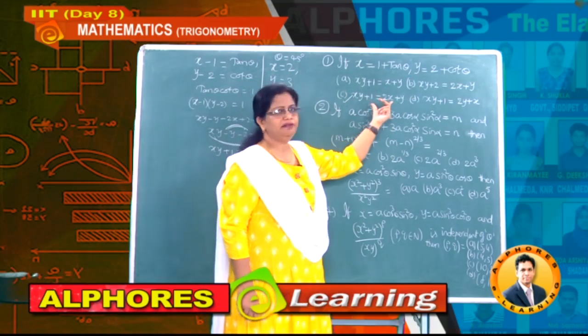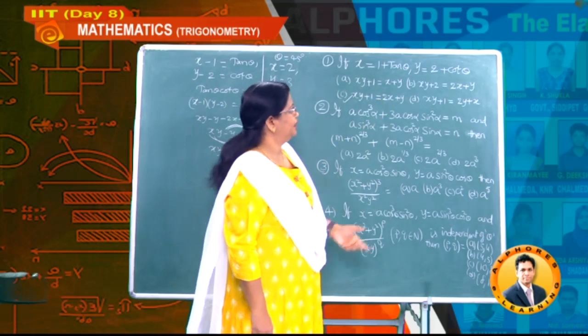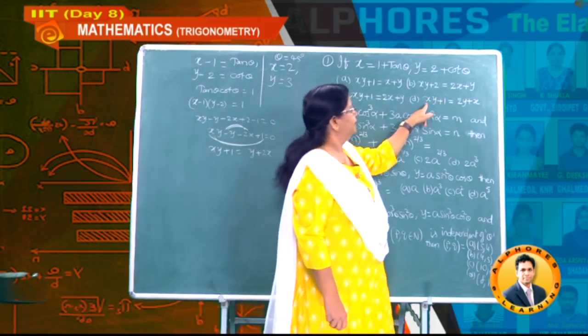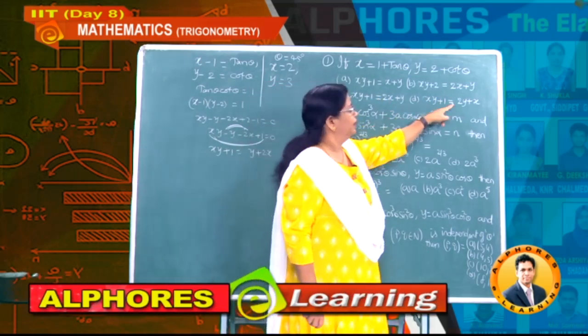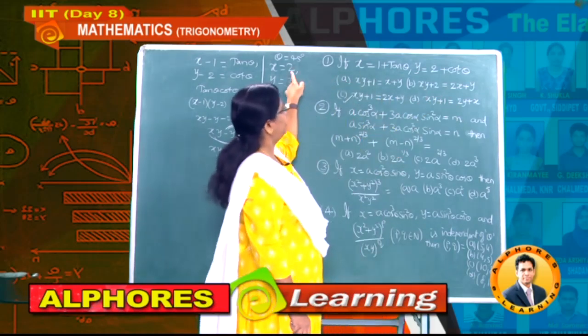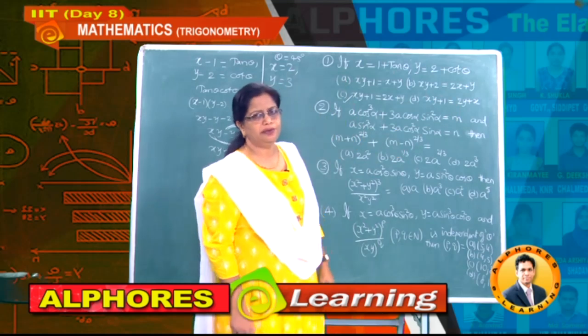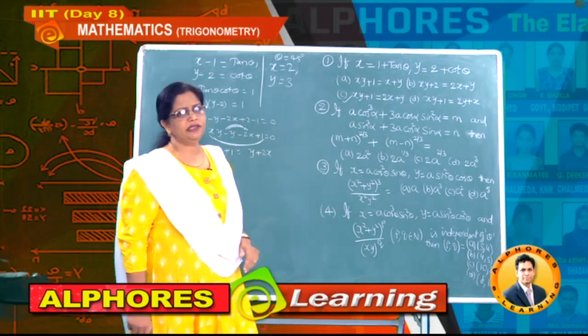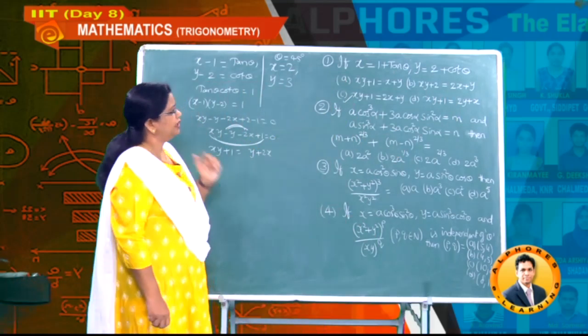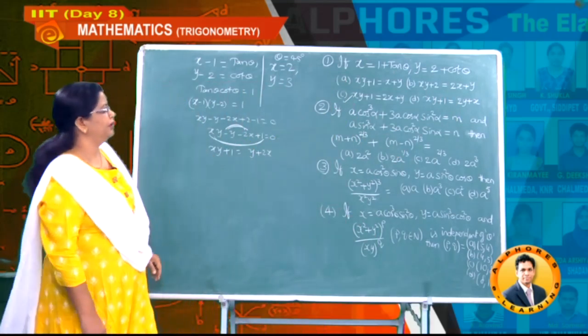So you got 7 equal to 7. Let us check the other also. This one is 6 plus 1, 7, and this value is 2 plus 6, that is 8. Therefore those are wrong. Hence the right option is C. So in this way also you can solve this problem.